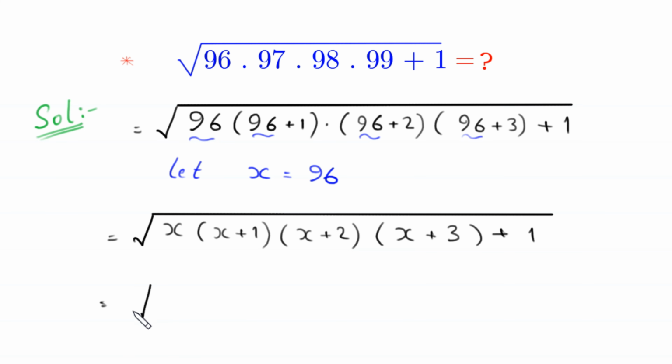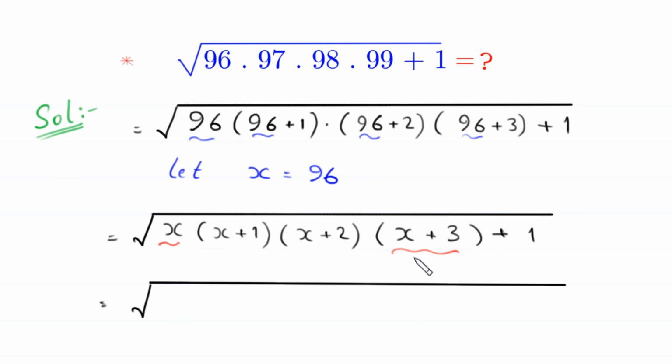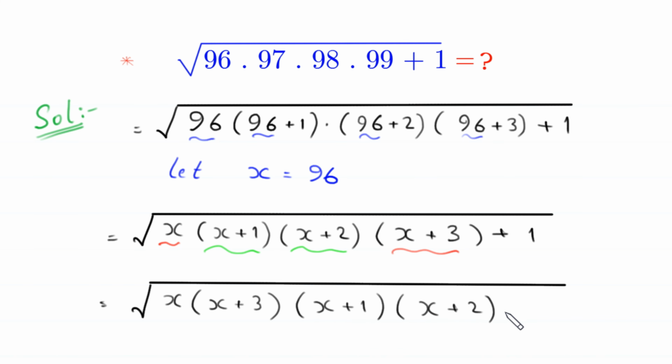Next, square root of, now we pair x with x plus 3, and x plus 1 with x plus 2, like this: x times x plus 3 times x plus 1 times x plus 2 plus 1.